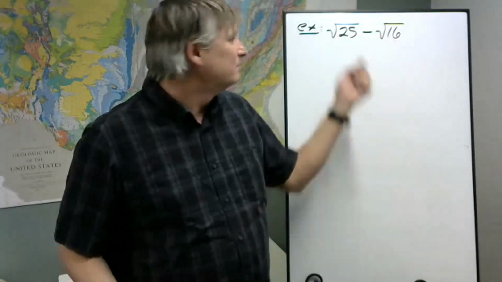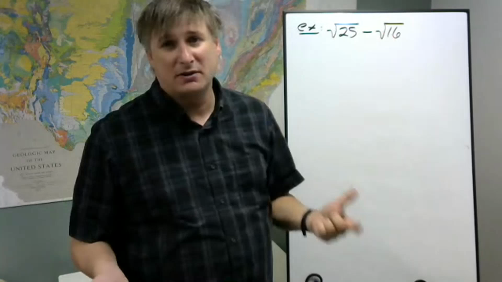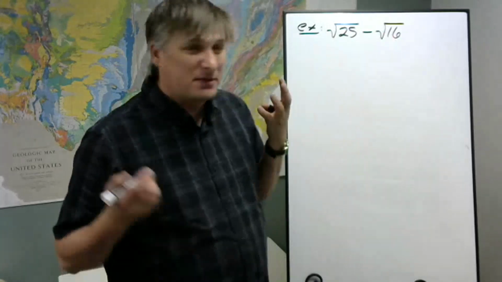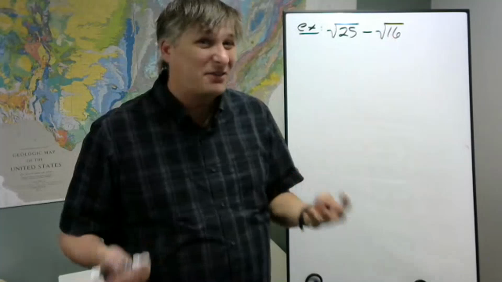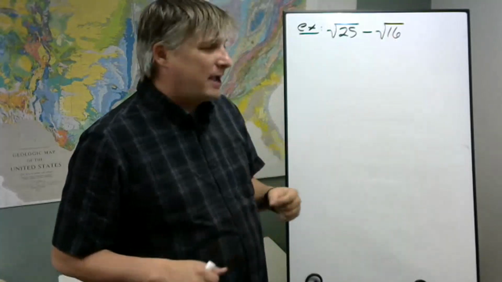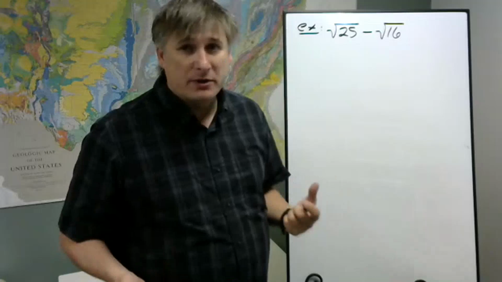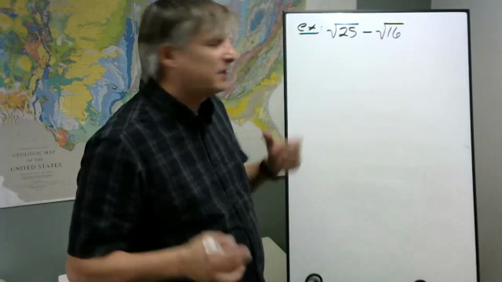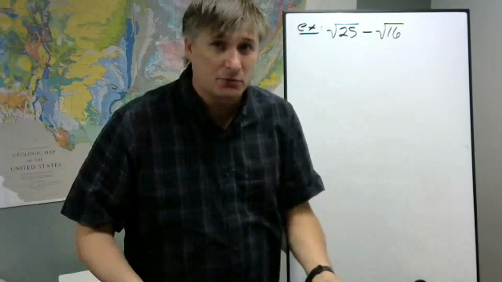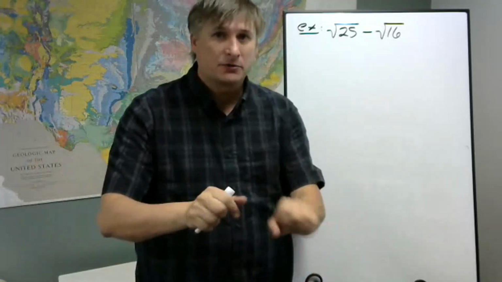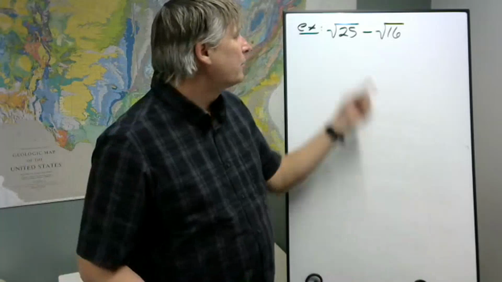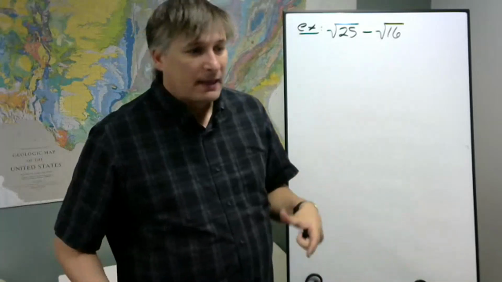Well, on the inside, there is no calculation. So what we're going to do here is treat the square roots like they're exponents. And so we do the square root first before we do the subtraction. Now, again, if there are those invisible parentheses and there's a subtraction on the inside of the square root, do that first. But since there's a subtraction on the outside, we're going to do the square roots first.